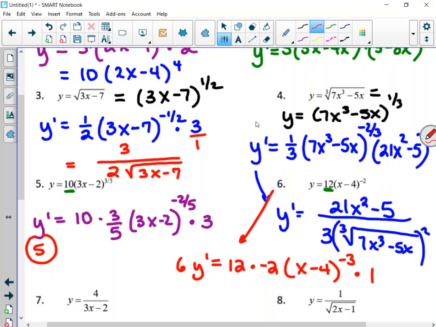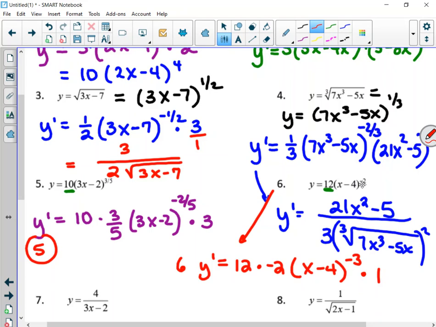Now, this is a good example of where if we forgot a little bit about chain rule, it wouldn't hurt us. It also shows us that if we do a chain rule even when you don't need one, the only extra thing you're going to multiply by is a 1, and that's not going to change anything.